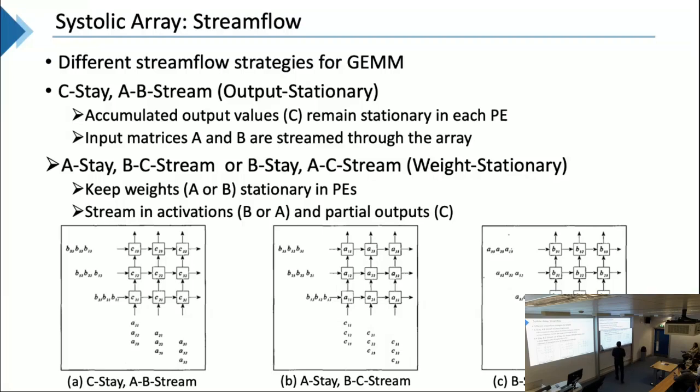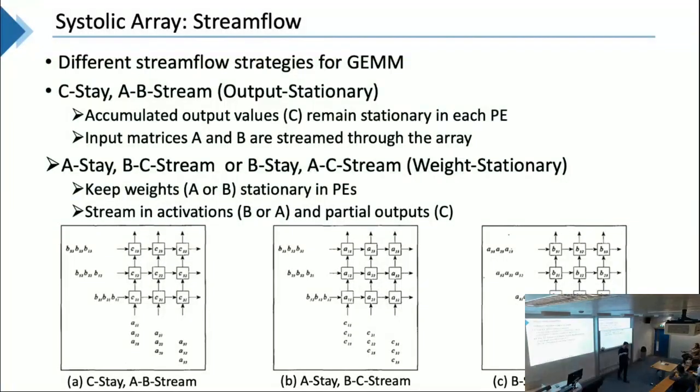So you just cache this B and flow your C as the input data. At the beginning, the C is all initialized as 0, and through this streaming up and streaming left, the data will accumulate.